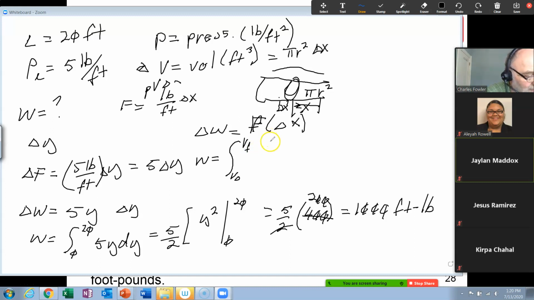I'm not sure why they do V1. I'll put V final. And then you have a proportionality constant we haven't even brought up yet over V times your dV. Now they jumped a bunch of steps there all at once.